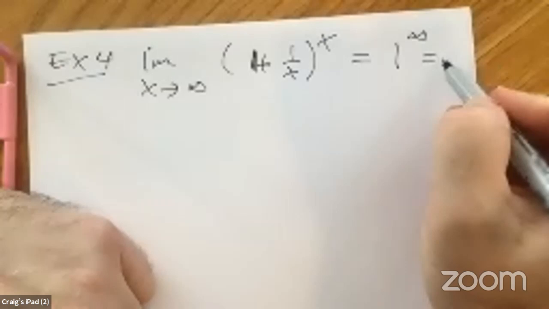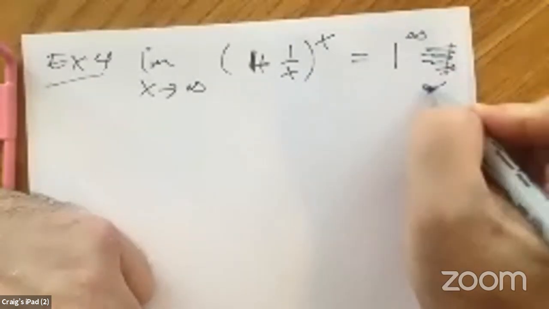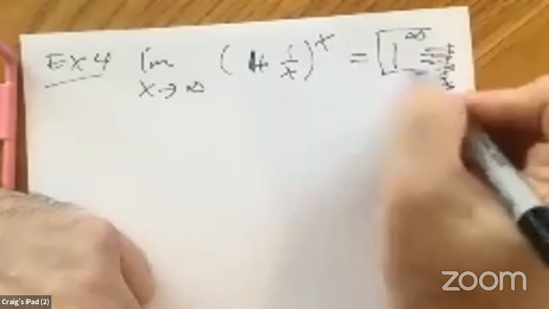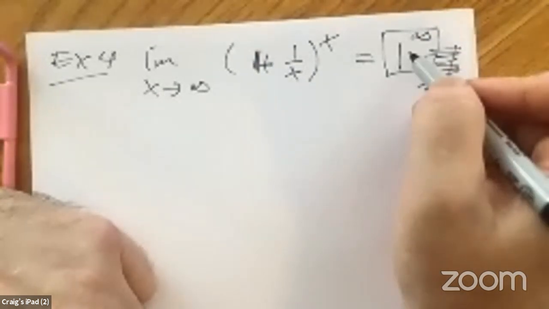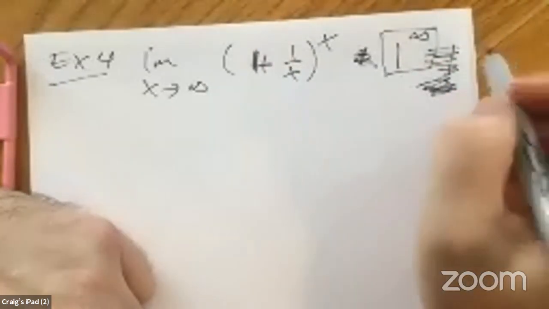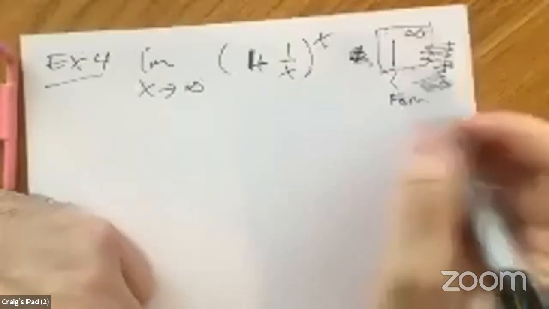Okay, and 1 to the infinity is 1? No. 1 to the infinity is infinity? No, okay. 1 to the infinity could be anything. It's another indeterminate form, so that's not a good answer. It's not equal to that, it's of that form.